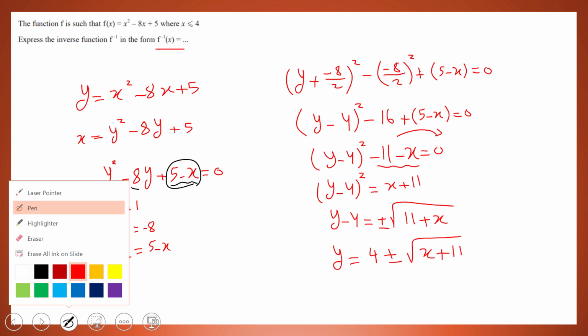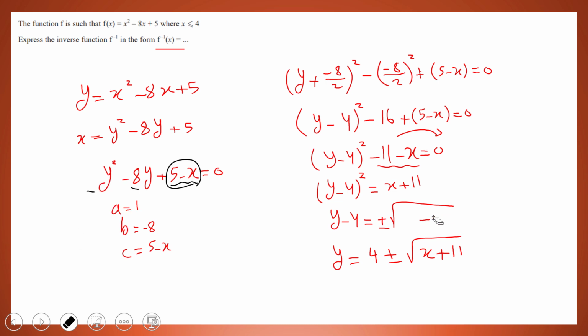But you must take something that's very important into account. Here it was mentioned that x is less than or equal to 4. So in this case, we'll just take the minus sign. But if it was greater than or equal, we would take the plus sign.